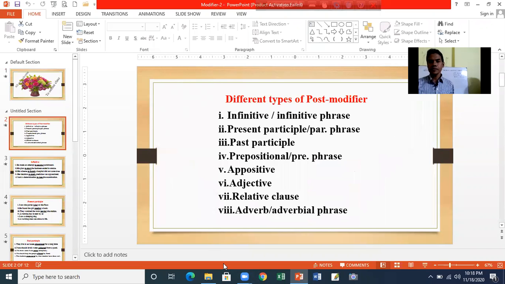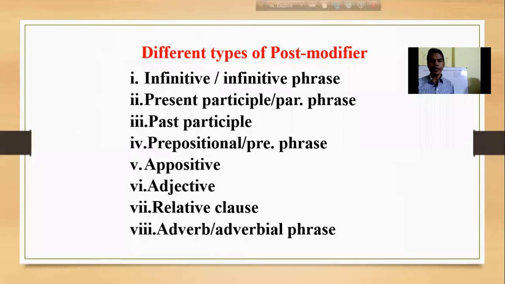You know, post modifier is of different kinds. They are infinitive or infinitive phrase, present participle or participle phrase, past participle, prepositional or prepositional phrase, appositive, adjective, relative clause, adverb, and adverbial phrase.